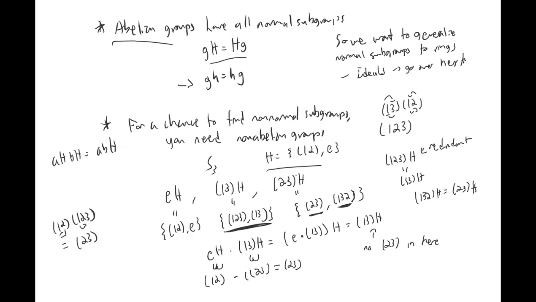So we want to consider cosets, but instead of a group G, we have a ring R. So now the question is, what do cosets mean, what are normal subgroups? And it turns out it's something called ideals.